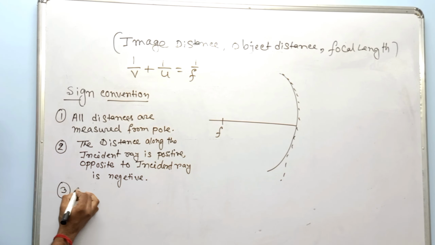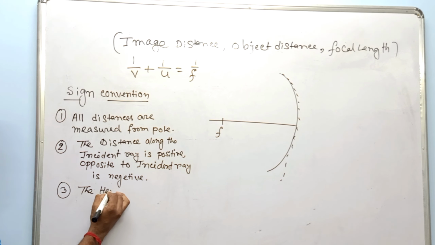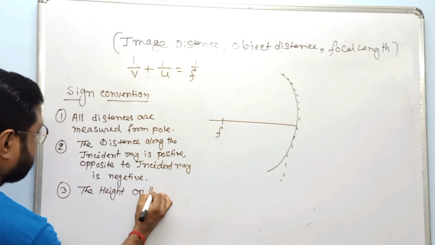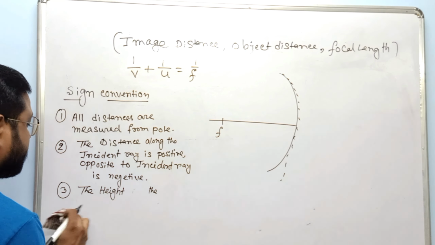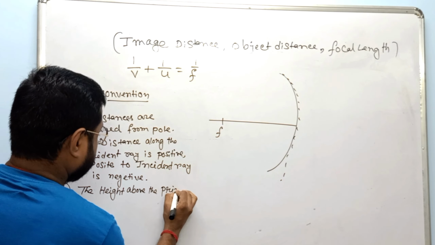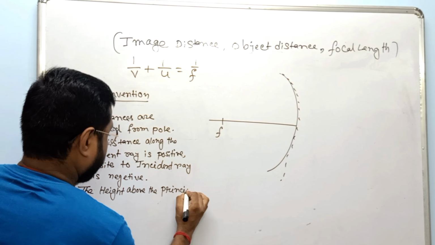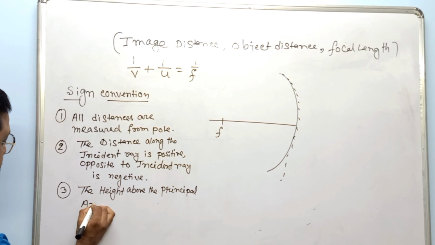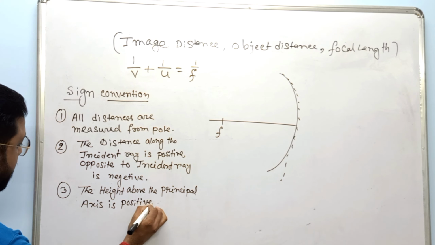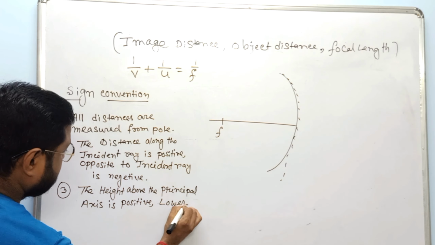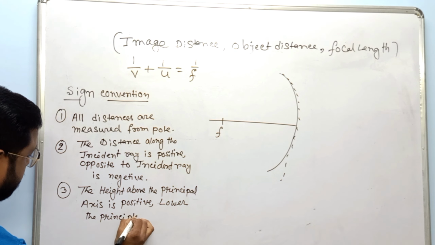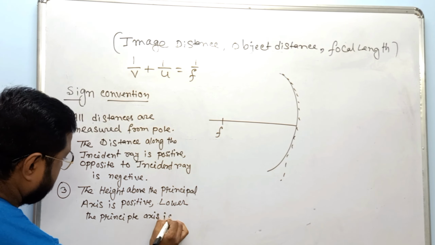Number three, the height above the principal axis is positive, and lower than the principal axis is negative.